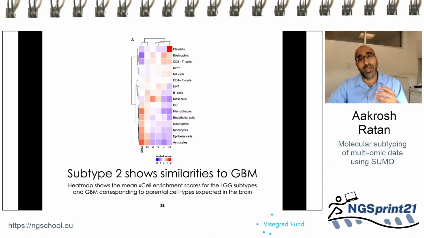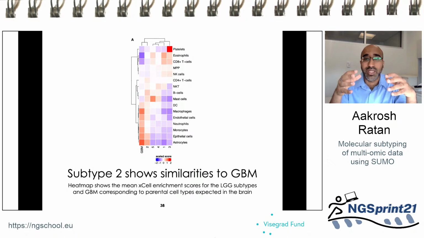The way we went about this was to use what's called an Excel. So, this is all bulk data. We deconvoluted this data in order to identify enrichment of specific cell types that you would expect, because these are central nervous system tumors. So there are certain cell types that we expect to be found there.